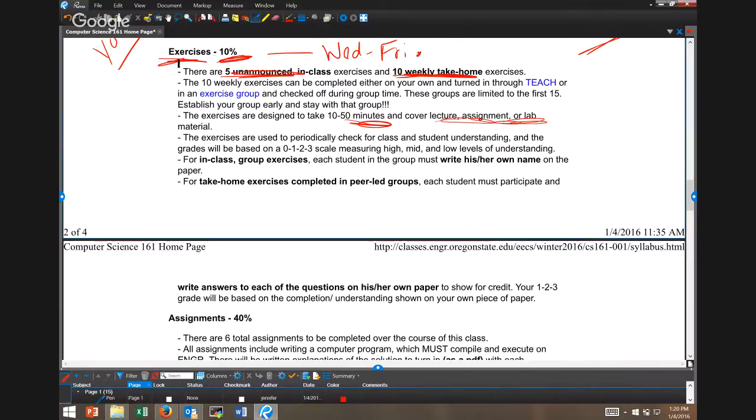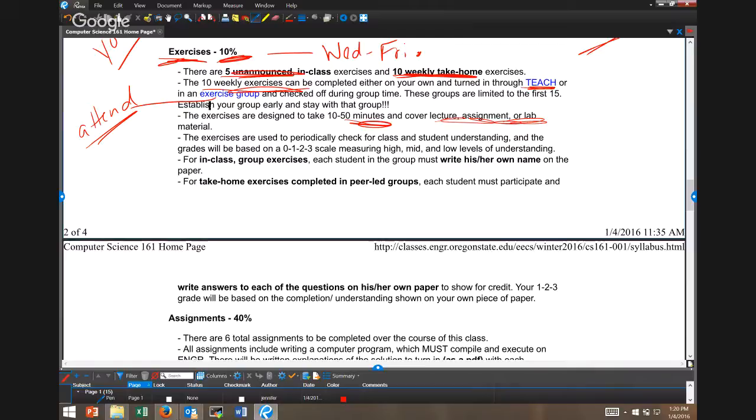The 10 weekly exercises are to be completed on your own and turned in through something called Teach, or you can attend an exercise group and get checked off during that group time.